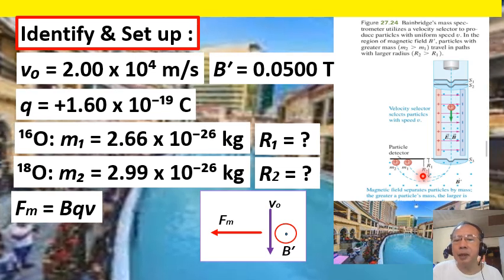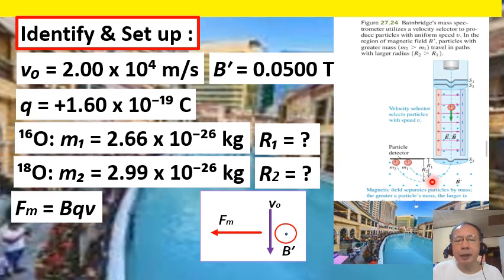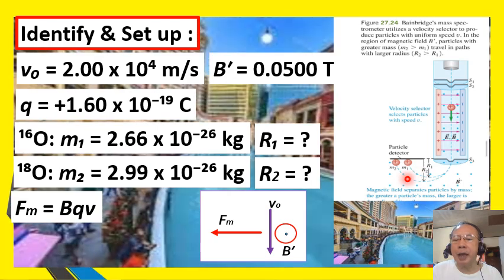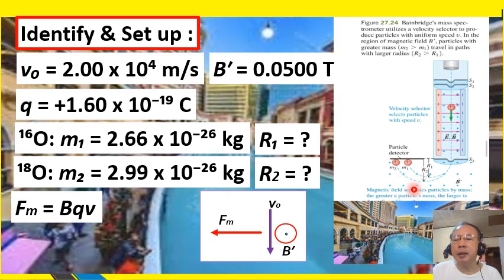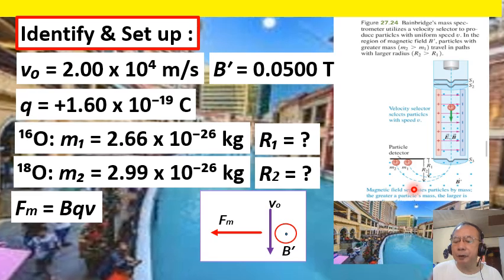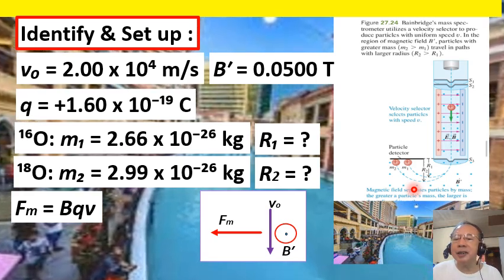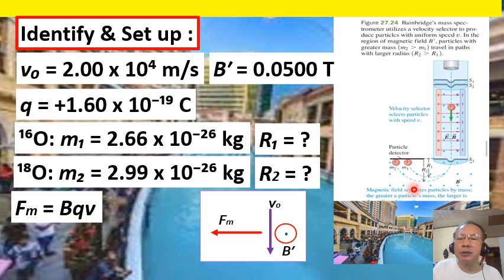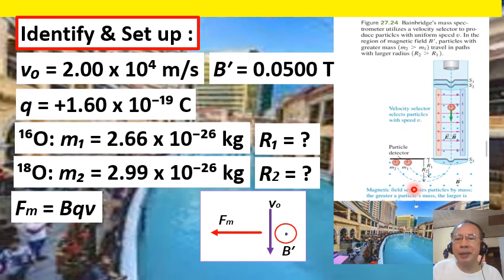The right hand thumb represents the velocity of the ions, and the other four fingers extended and forming a 90-degree angle with the velocity vector represent the magnetic field.